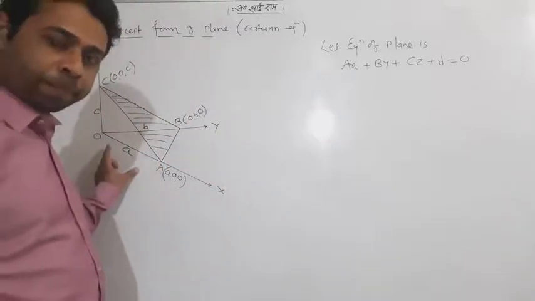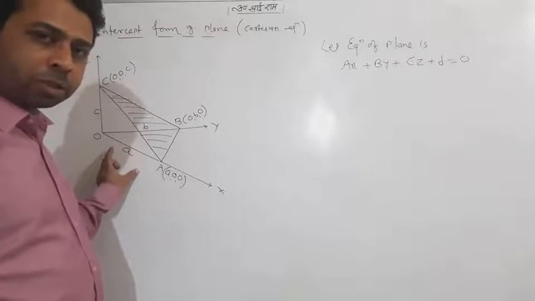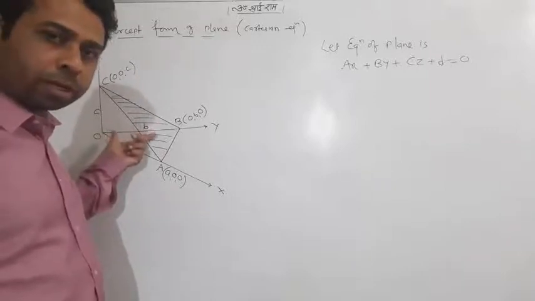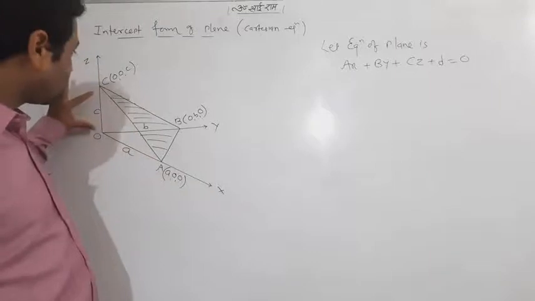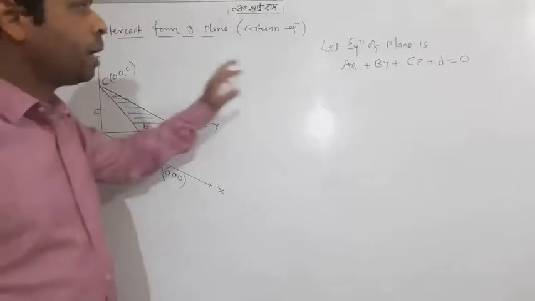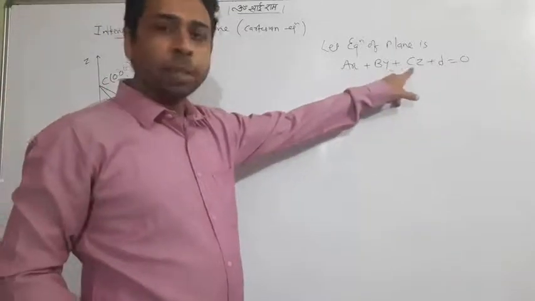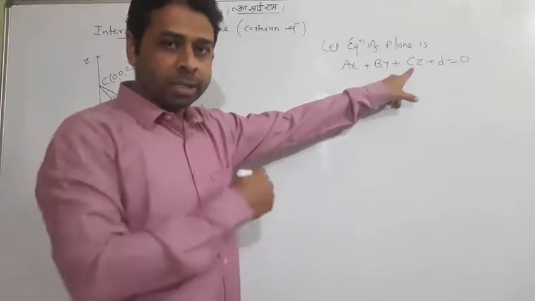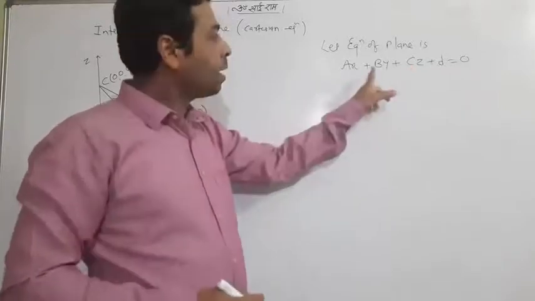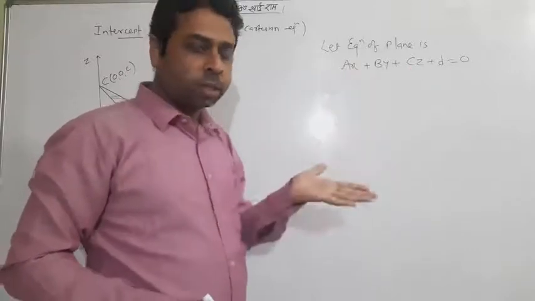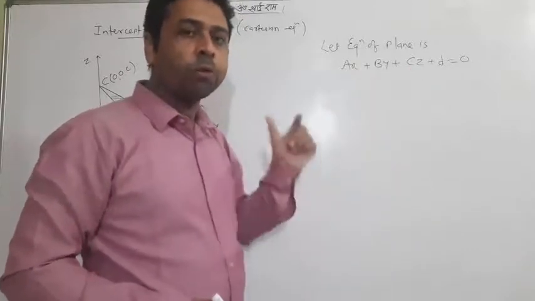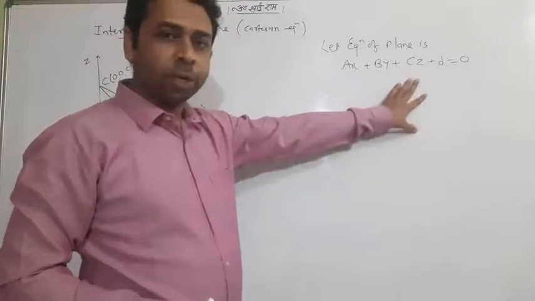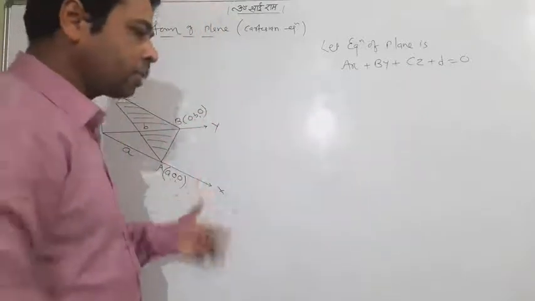This time small a is the intercept on the x-axis, b is the intercept on the y-axis, c is the intercept on the z-axis, and this time capital A, capital B, capital C are coming with a different sense. Capital A, capital B, capital C will definitely be the ratios of the normal of the plane. This is my assumption.